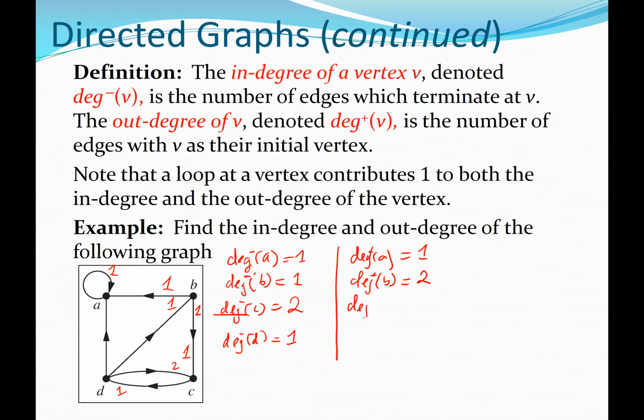And the out degree of C. C goes out to D, and that's it. It's one. And then the out degree of D. D goes to A here, you can see that, and D also goes to B, and D also goes to C, so we have three. There you go.